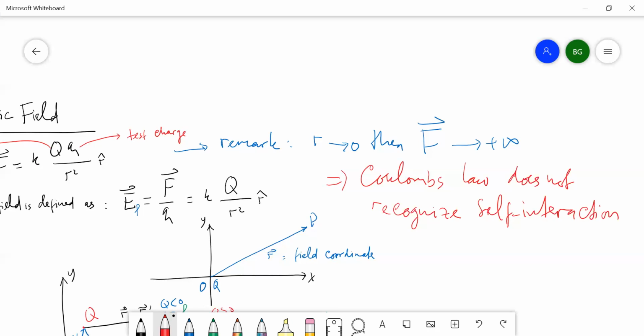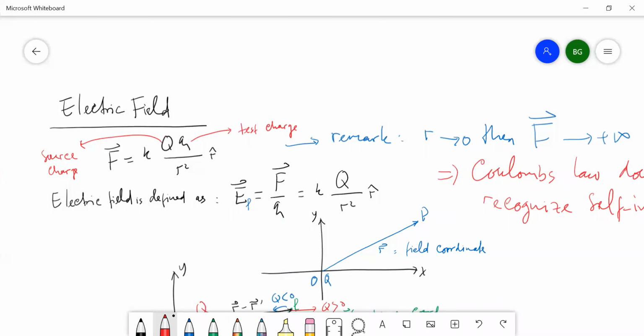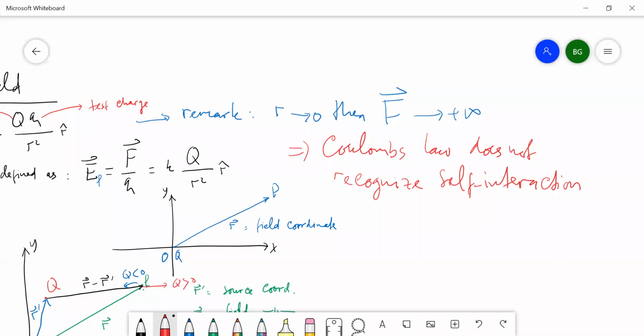But if the test charge coincides with the source charge, that is self-interaction. In classical physics there is none; that is excluded in the classical case. In quantum mechanics, you have self-interactions, but not in classical physics.